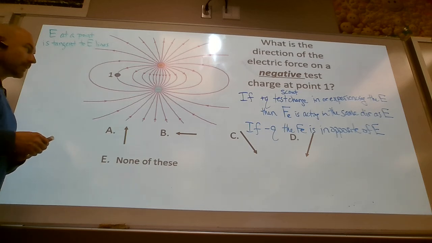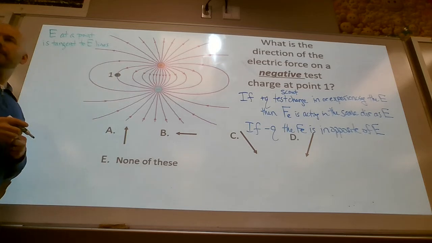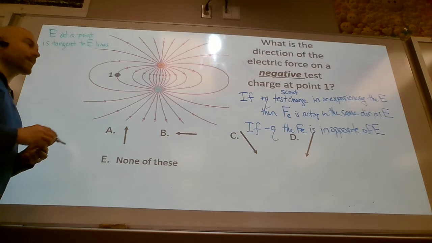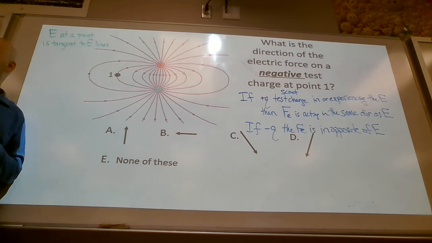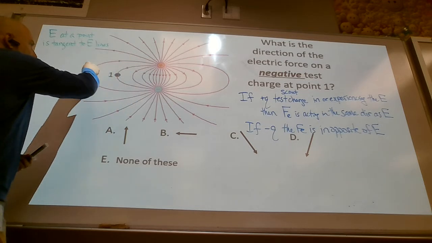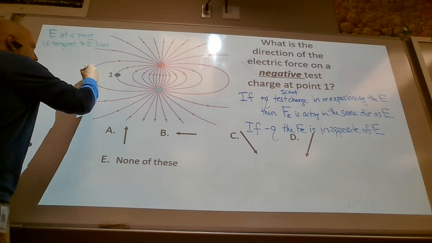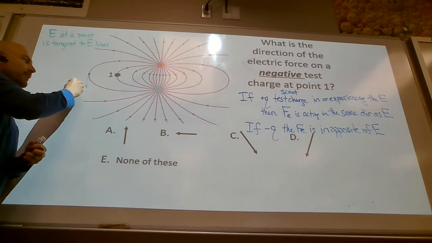Okay. So the electric field at this location is going which way? Electric field at that location is going which way? Show me. Point. The electric field at this location is going tangent to that. It's going that way.